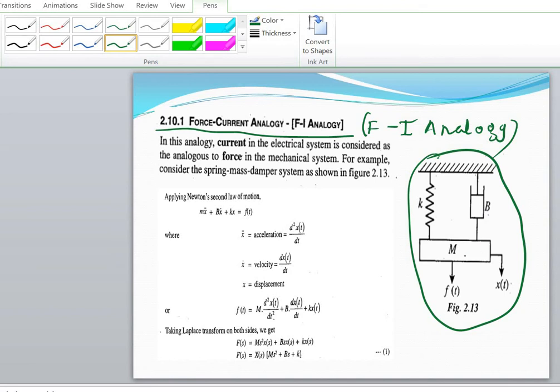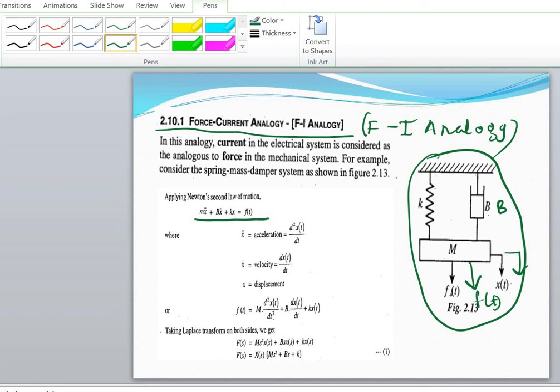There is one mass to which an external force F of t is applied, which causes a displacement x of t, and between the mass and the fixed support there is a damping effect represented by damping coefficient B and a spring effect represented by spring coefficient K. Now applying Newton's second law of motion, we can get F of t.